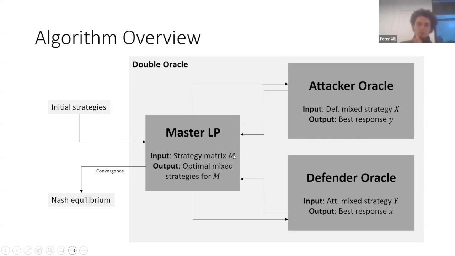If I have some strategy matrix M, which I can keep track of, that's our binary matrix. I can always very quickly, using linear programming, find the optimal mixed strategies. But in between, I'm going to use these attacker and defender oracles and call them often to try and add to our strategy matrix M. And then once I'm satisfied with convergence, I know that I have a Nash equilibrium there.